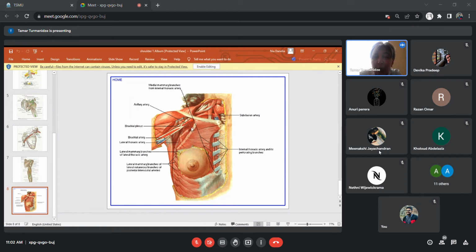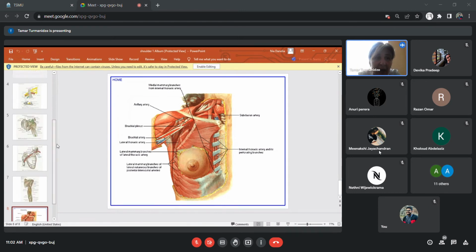Most medial we have what? Axillary vein. Laterally to the vein is located the axillary artery, and laterally and posteriorly to the axillary artery is located the brachial plexus. In the pectoral triangle, the brachial plexus forms three cords.